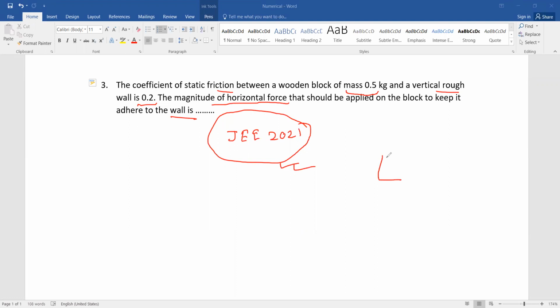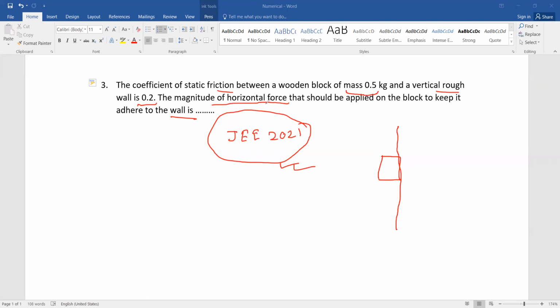Maybe my drawing is not that good, but I will make you understand the question. So you have a wooden block which has a mass of 0.5 kg. There is a vertical rough wall whose static friction coefficient is given to be 0.2.